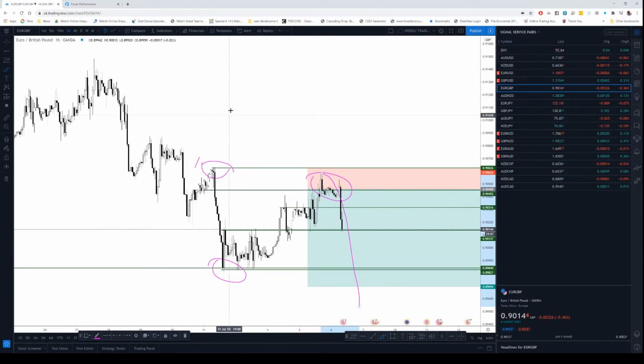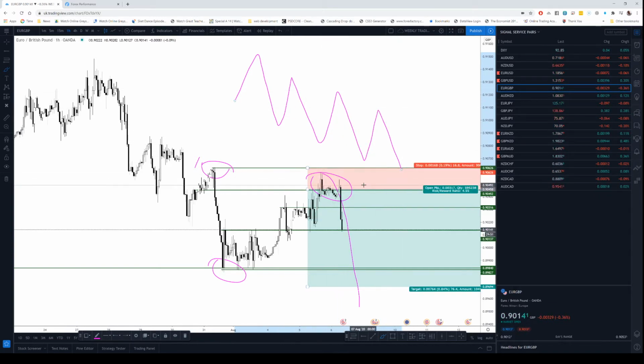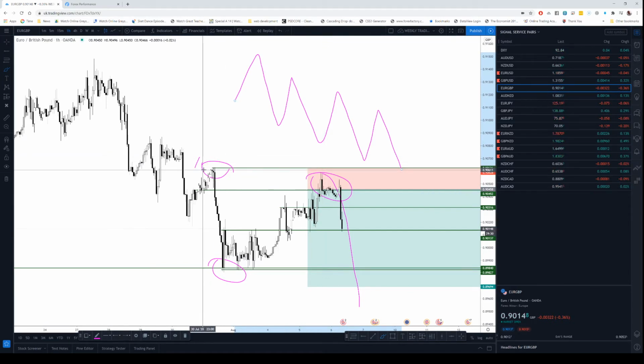Why? Because the 4-hour is doing this. The 1-hour is subordinate, or is below the 4-hour, so it's not supposed to overshadow the 4-hour unless this breaks this high, and that will be your warning sign that your 4-hour structure is breaking.